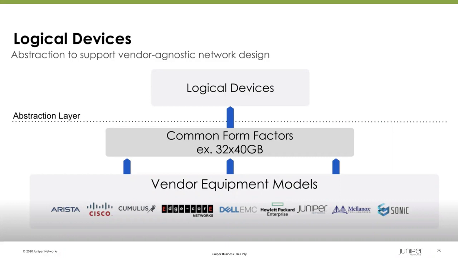As you know, 8 times 100 and 48 times 25 could be a Juniper QFX 5120, but that could also match a Cisco device or Arista and so forth. So that's what you do in the end. I will show the mapping from this logical abstraction layer into the physical device.